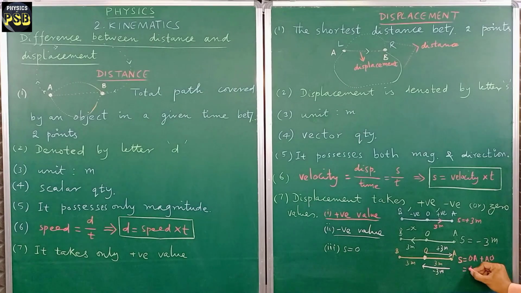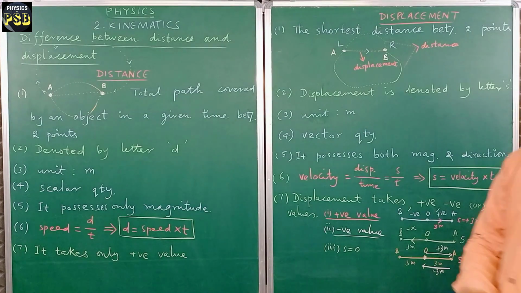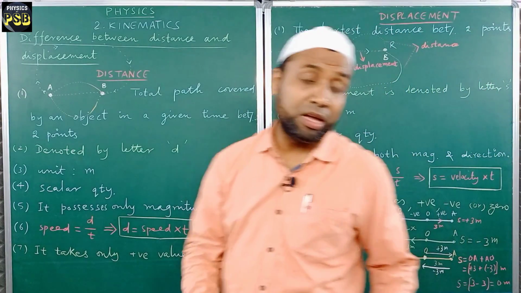It is plus 3. Then here the value is minus 3. Now they are measured in meter. The value obtained, plus 3 minus 3, becomes 0. Now this is the final value. The displacement is 0. This is how the displacement may be positive, negative, or 0.